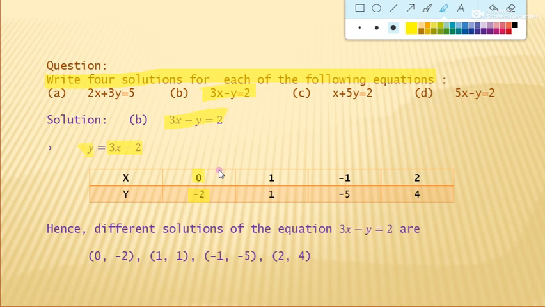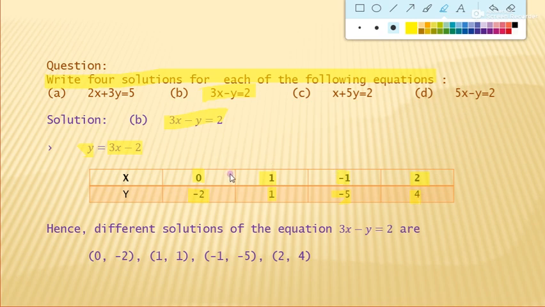Similarly, we can consider other values like 1. If we put 1 in place of x, 3 times 1 is 3, minus 2 becomes 1, so the corresponding value of y is also 1. If you put -1, you will get -5, since -3 minus 2 is -5. And if you put 2, 3 times 2 is 6, minus 2 becomes 4.